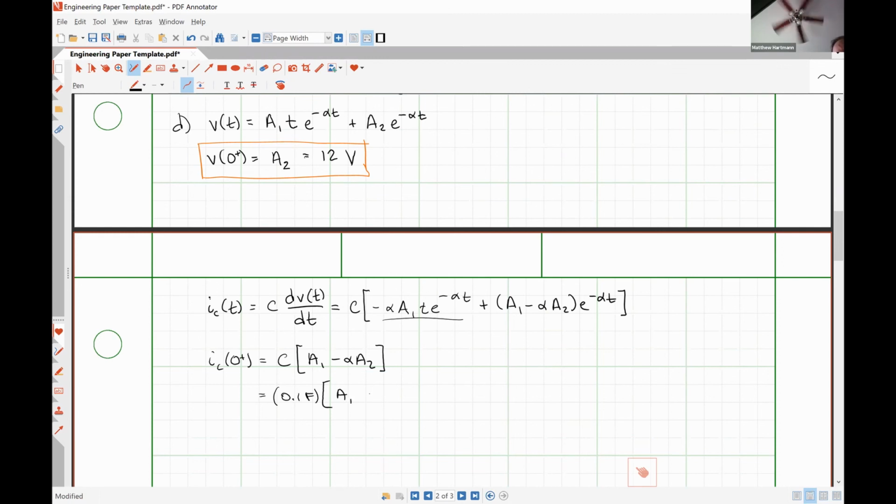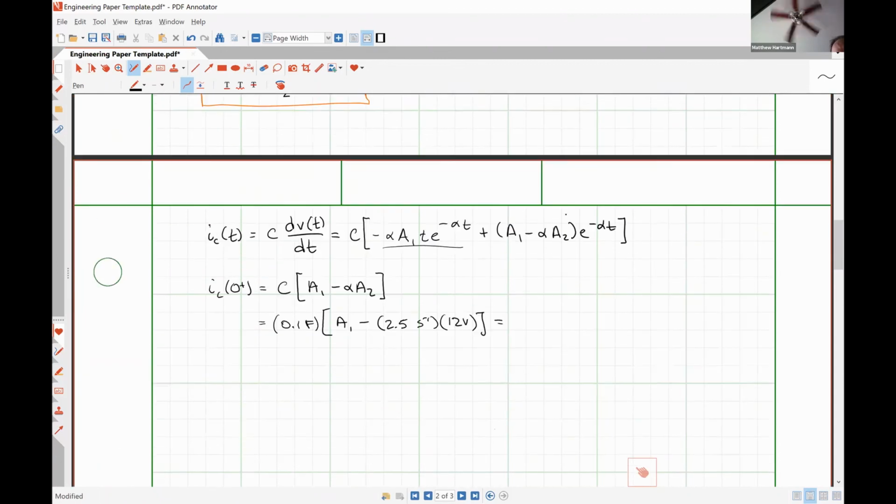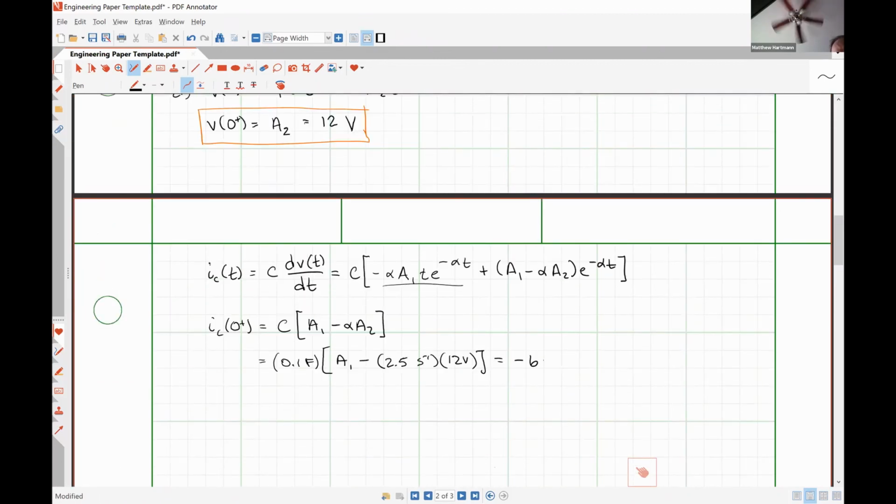A1 is still unknown, minus 2.5 nepers per second times A2, which is 12 volts, will equal IC at 0 plus, which is minus 6 amps. And we now have one equation, one unknown. So this should allow us to solve for A1. Give me just a second.